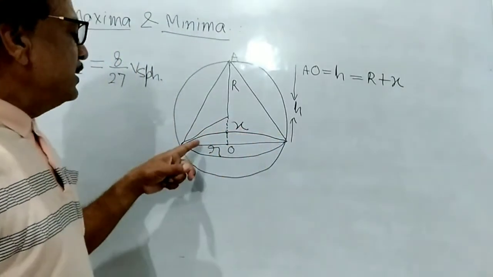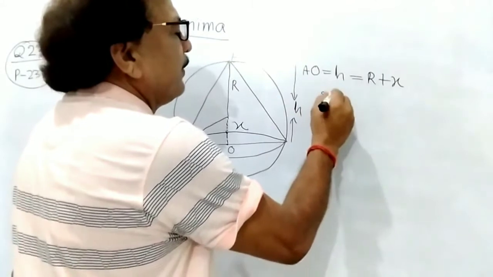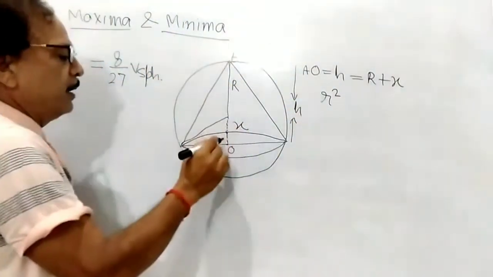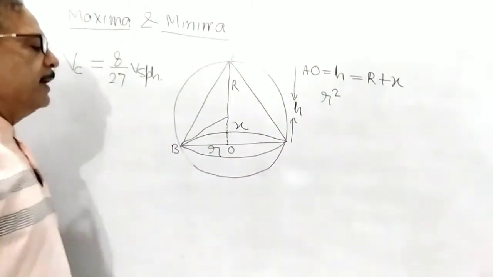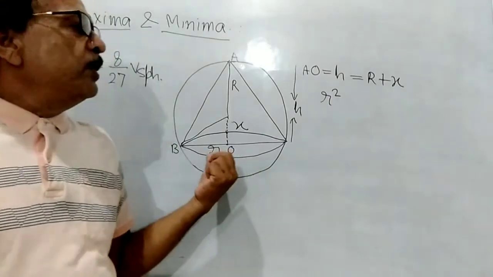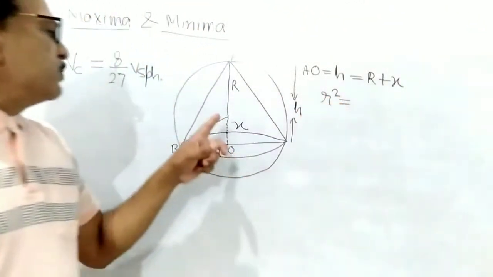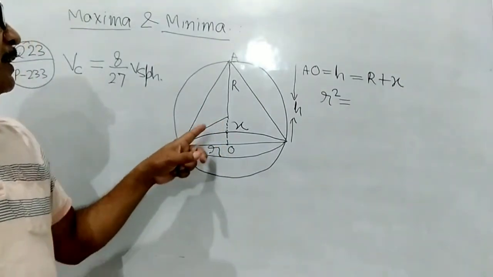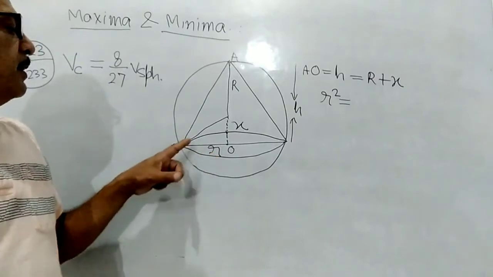Now in triangle AOB, r is the radius of the cone, so we can write r square is what?